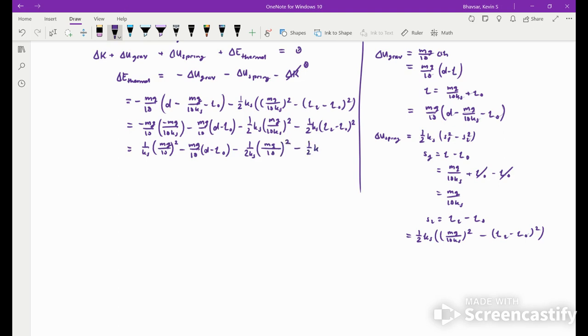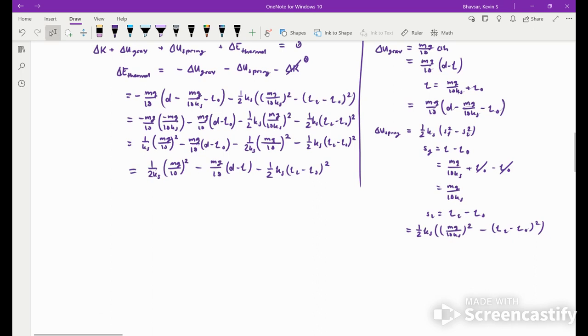And this term at the end also does not change. We can notice that this first term and this third term will combine, and 1 over ks minus 1 over 2 ks will just be 1 over 2 ks. And we'll bring our other terms down as well. Okay, we have that now.